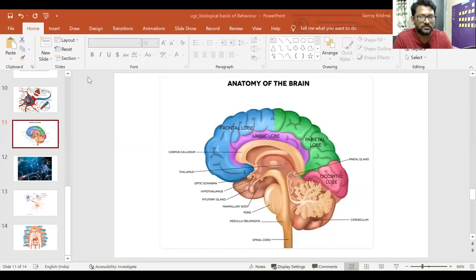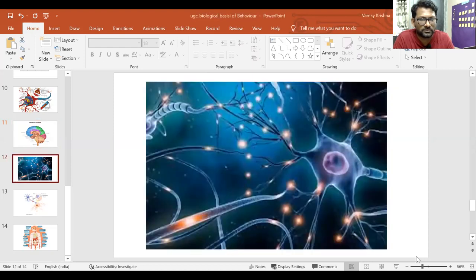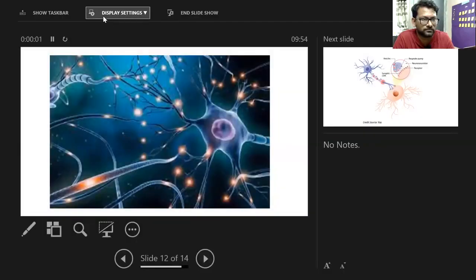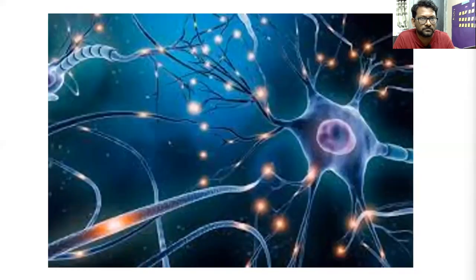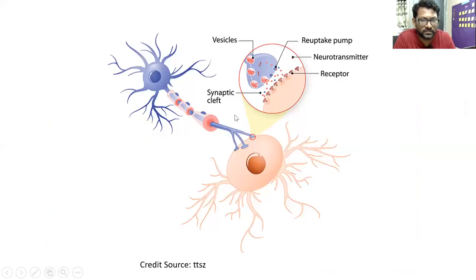So here, if you see, we talked about different parts of the brain. Now we are talking about neuronal connections, synapses. Here, if you see clearly, these synaptic knobs are very near to the postsynaptic neuron.